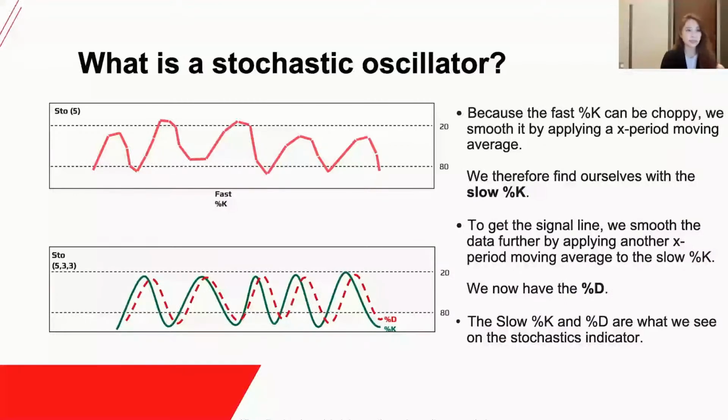Because the fast percentage K can be choppy, we smooth it by applying an X period moving average, therefore finding ourselves with a slow percentage K. Then to get the signal line, we smooth the data further by applying another X period moving average to slow percentage K. And now we have percentage D. So in whole stochastics, we will be seeing two visible lines, the slow percentage K and the slow percentage D, which we see right here in the figure. In the figure, you can see the green wavy line is your percentage K, and the dotted line is your percentage D.